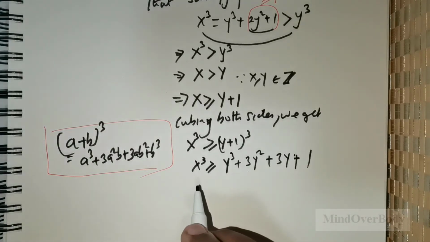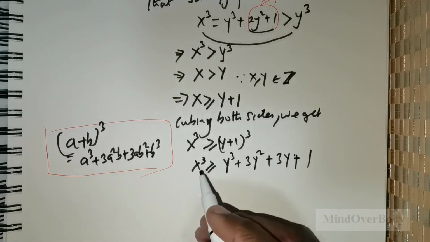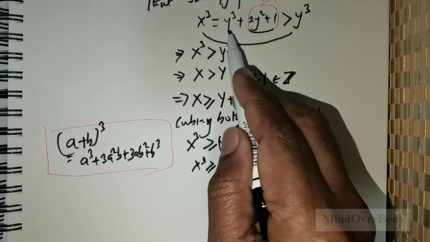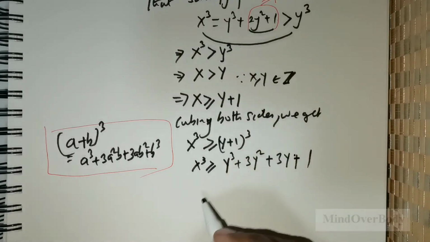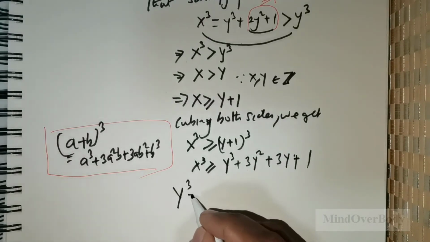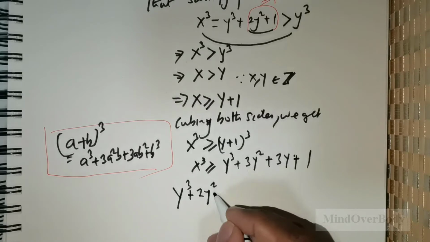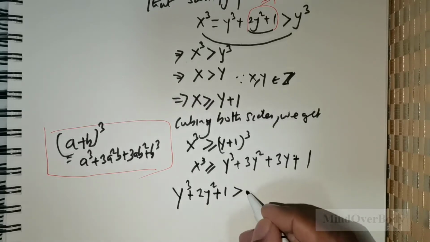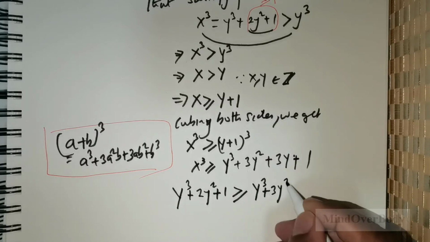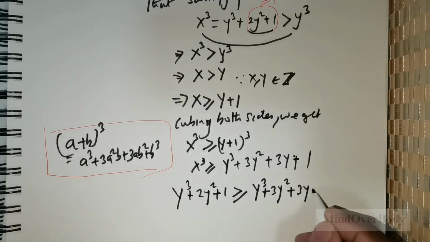Now you have to notice one important fact. We know that x cubed is equal to y cubed plus 2y squared plus 1. So if I replace that, then y cubed plus 2y squared plus 1 is greater than or equal to y cubed plus 3y squared plus 3y plus 1.